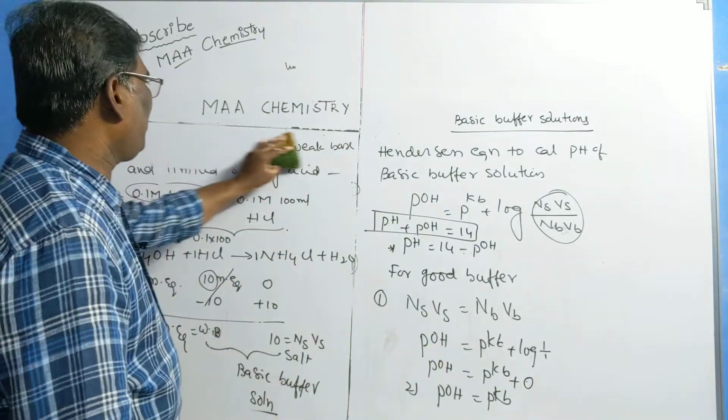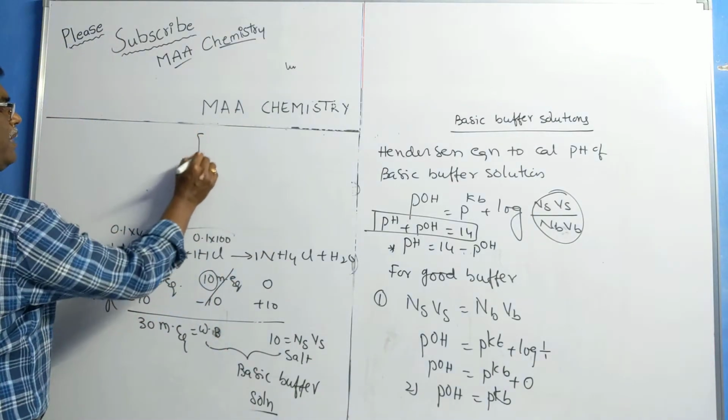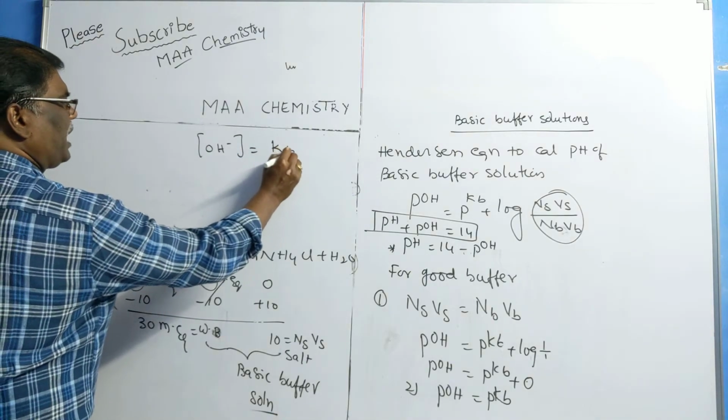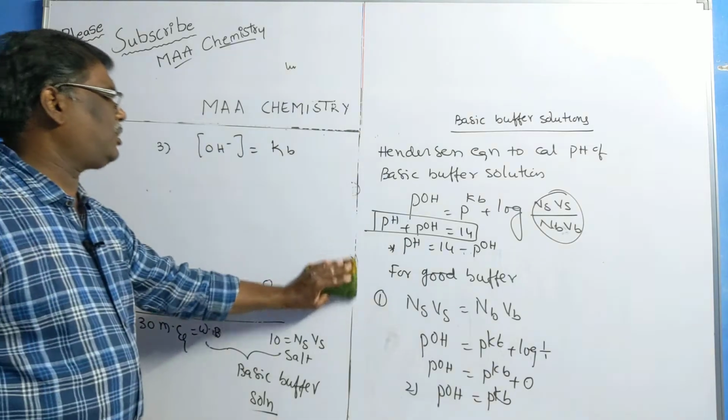What happens when pOH equal to pKb? When pOH equals pKb, strength of OH is equal to Kb value. This is the third condition for a good buffer solution.